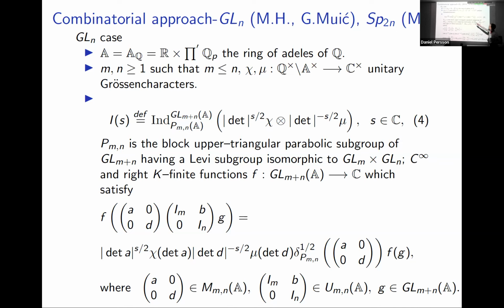So we have two Gross characters, and we have this globally parabolically induced representation, which is realized on smooth and right K-finite functions from GL_{n+n} to C. So these are not blocks of the same size. In general, this is of size n, this is of size n. But this is no different from the case you described. Yes, it's a different situation. This is more general. And of course, the usual transformations will have to be obeyed.